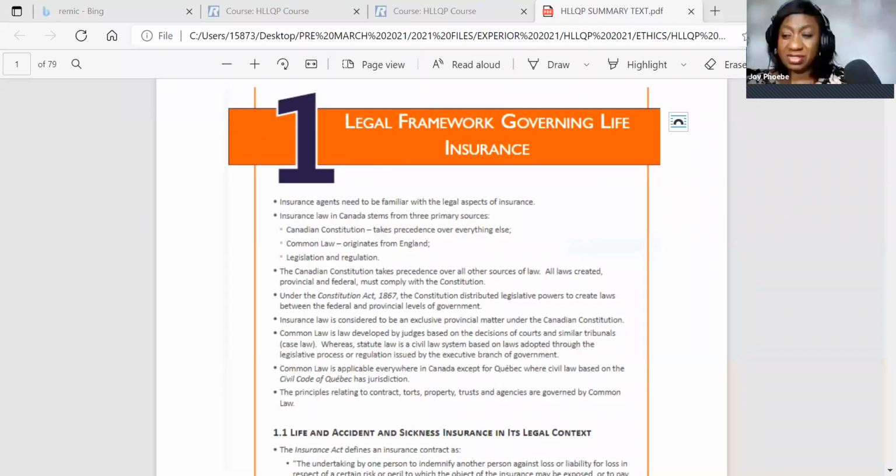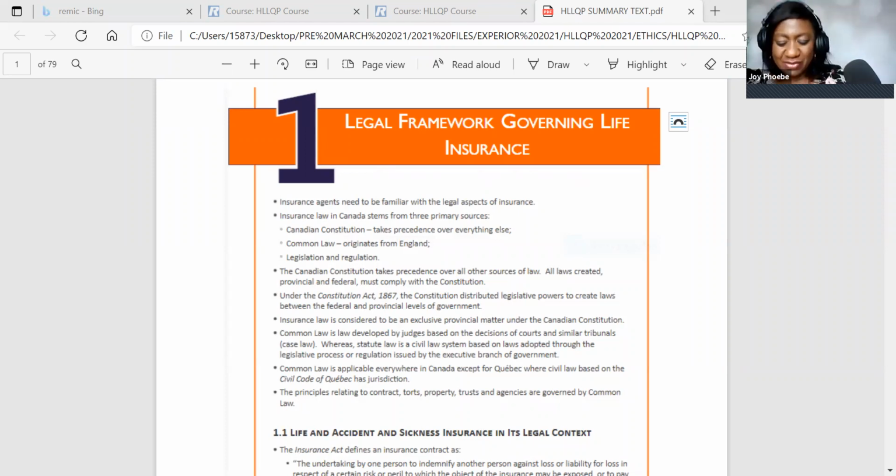So it's a contract, because the insurance company cannot come back tomorrow after I agree and say, hey, I changed my mind. No, it's a contract and it's binding. That's why it's important we are taking this ethics course, so we know all this stuff.